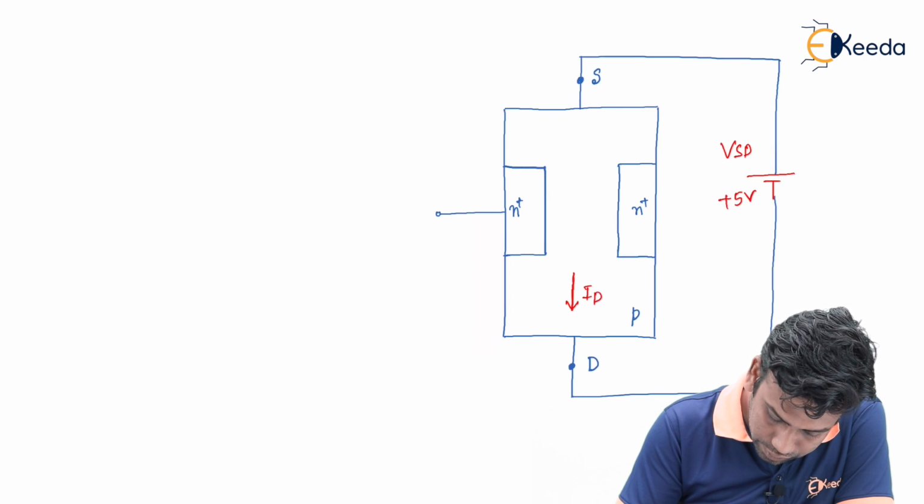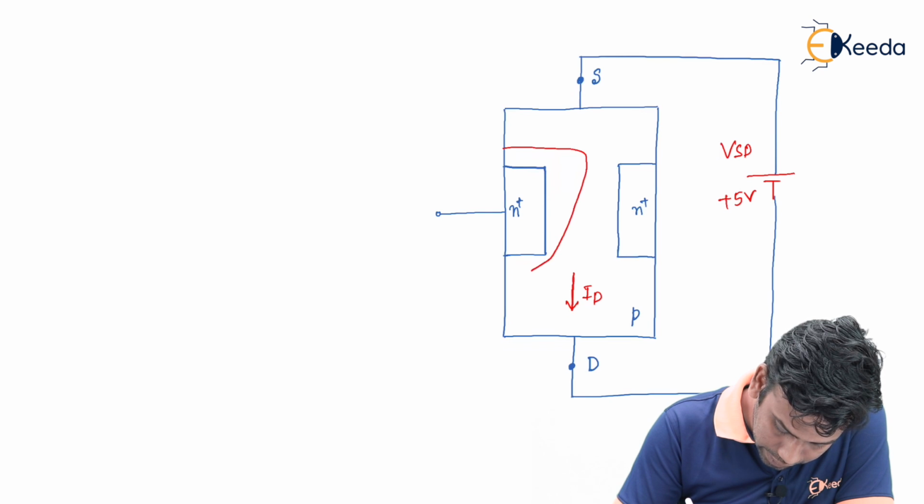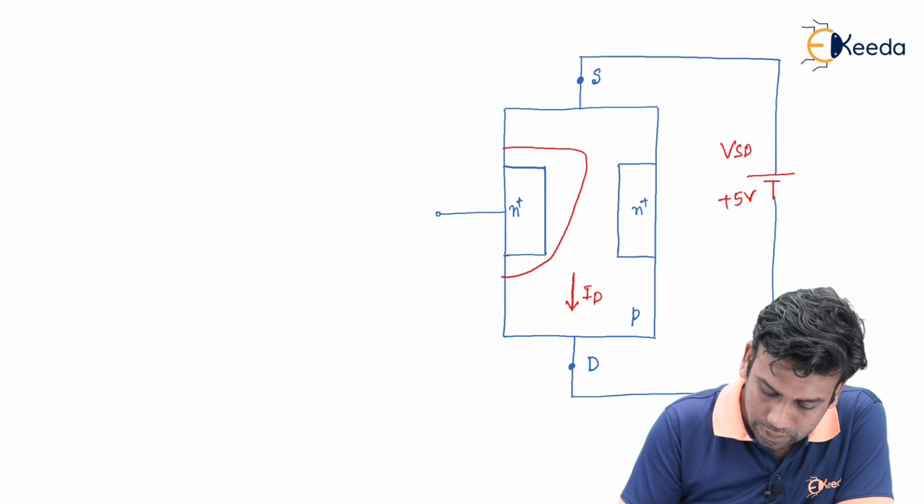So at the source side the depletion region will be wider, and near the drain the depletion region will be thinner.